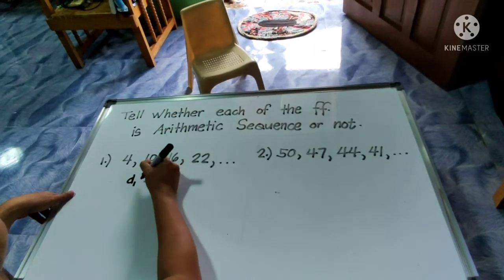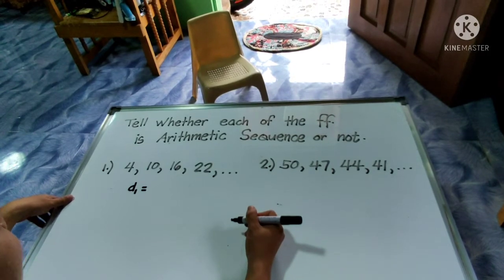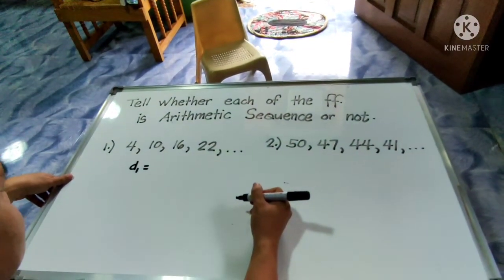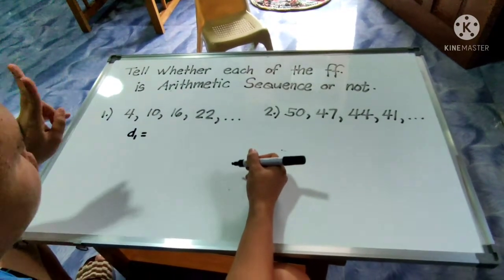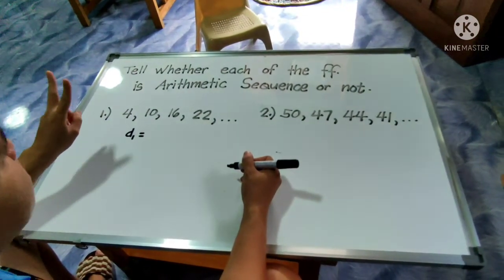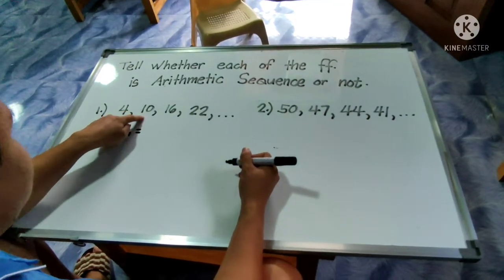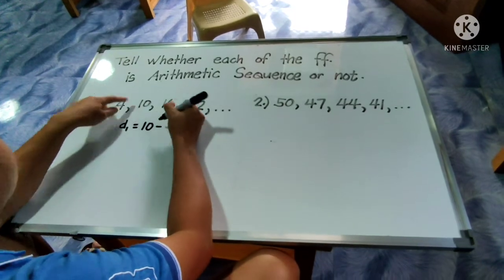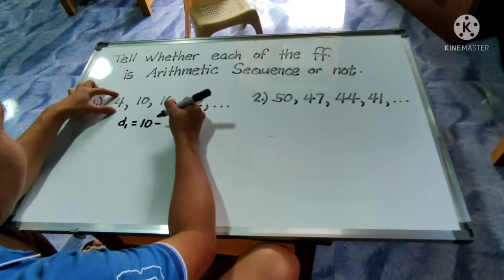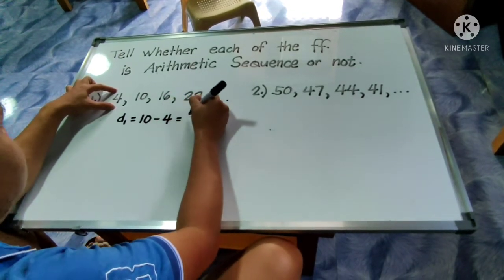That is d sub 1. You will have the present minus the previous. The terms that you choose should be succeeding. So you will have 10, that's the present, minus the previous, the preceding, 4, is equal to 6.